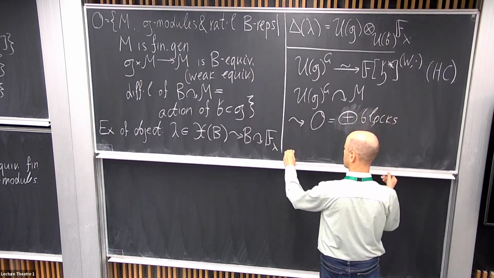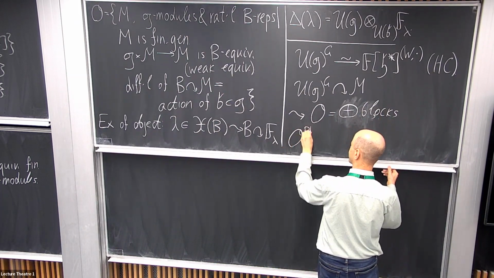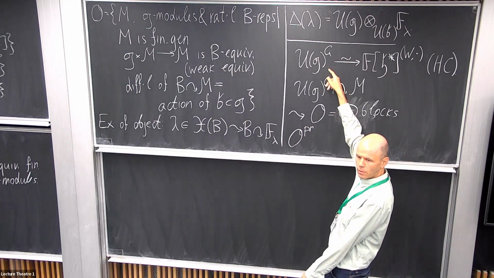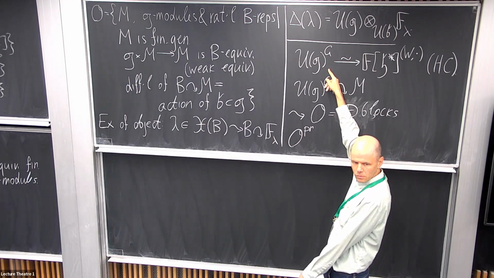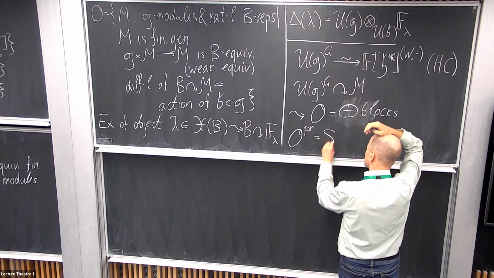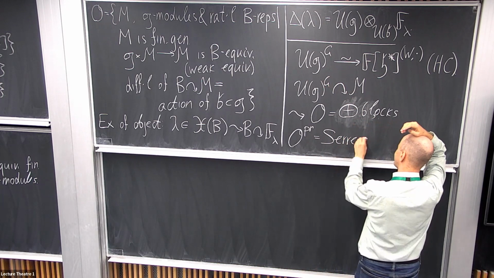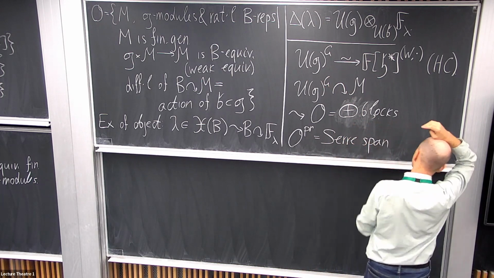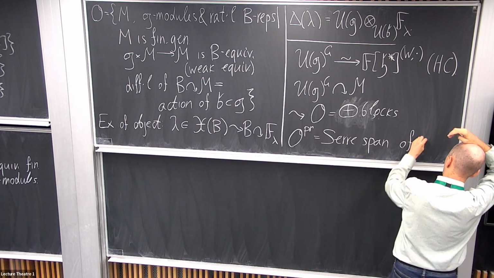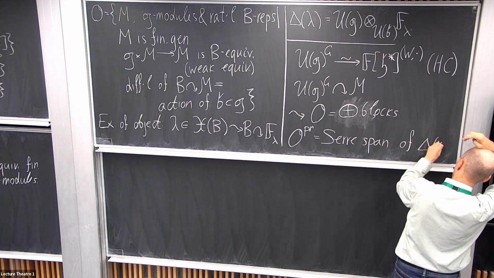And I'm interested in the principal block, where the center acts with the same eigenvalue as on the trivial representation. Equivalently, I can say that this is a span of objects of the following form.